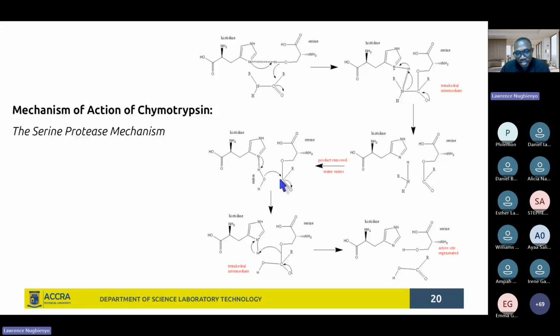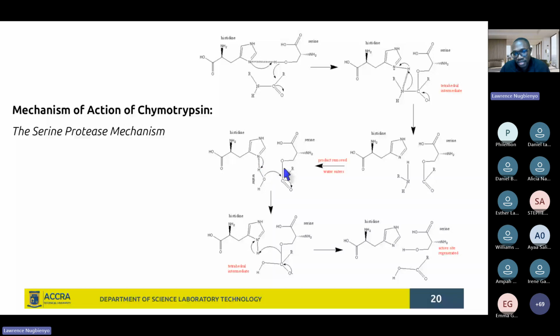And in that case, you see water has come into the reaction. So there will be some form of a hydrolytic reaction in the end. The water molecule is having some hydrogen bonding again on that nitrogen of the imidazole ring of histidine.